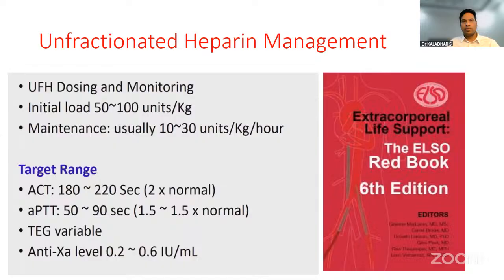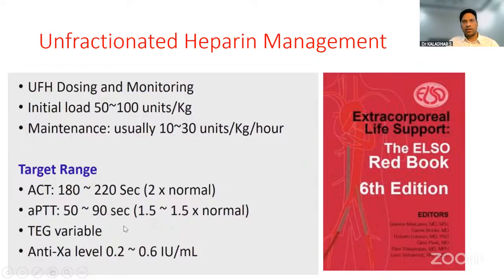Most of the time we monitor activated clotting time, which is kept between 180 to 220 seconds. APTT we will probably monitor initially around 6 hourly to see whether it is correlating well, which is maintained around 1.5 to 2.5 times, which is around 50 to 90 seconds.